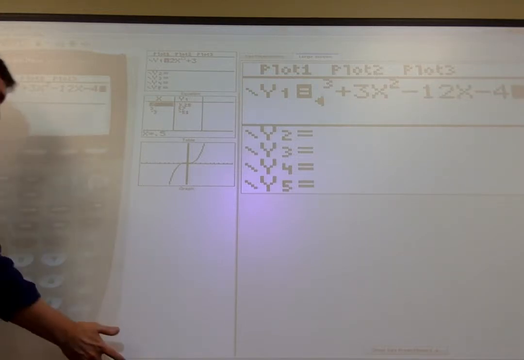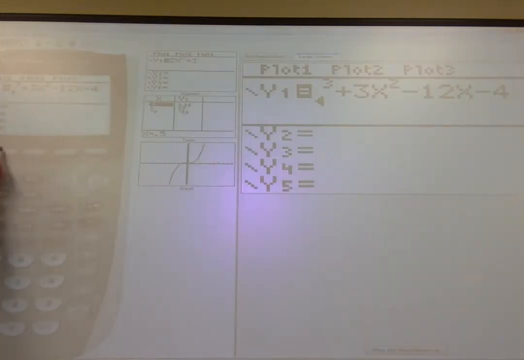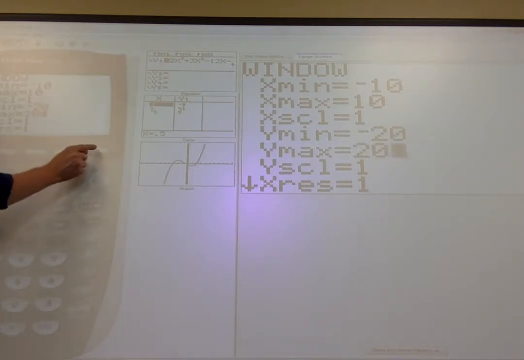Now looking at what we found, I'm going to have to go up to 16 and down to negative 11. So for my window, I will say negative 20 to 20 would be a good window. Cover those lines.